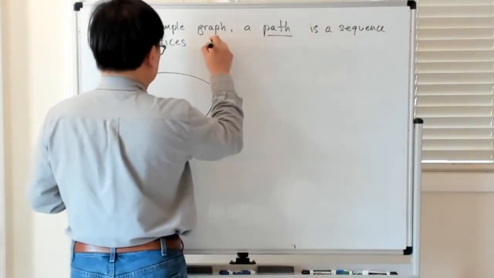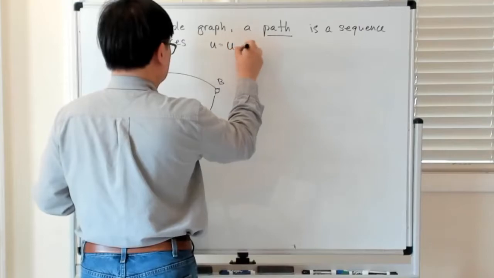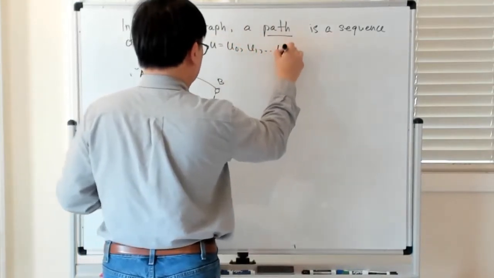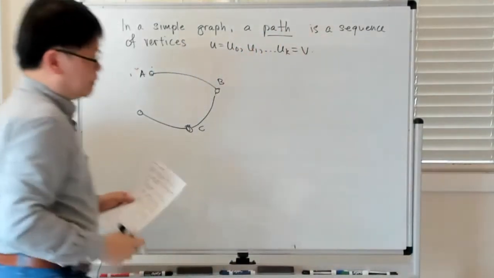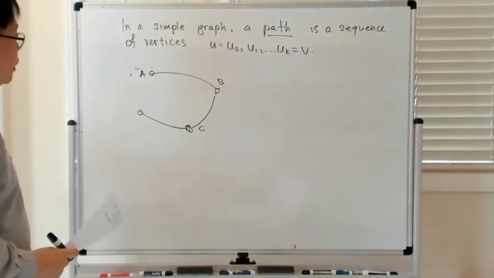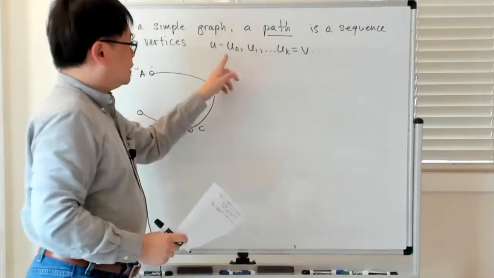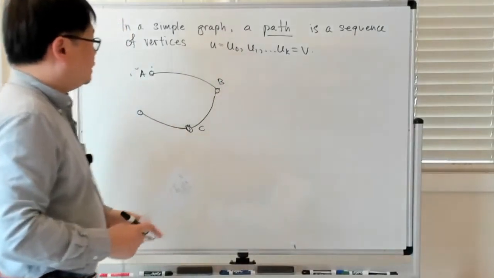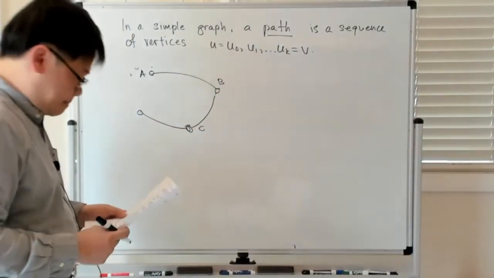Let's say u is u0, and then there's u1 all the way up to uk, and uk is the final vertex v. So we have a path which connects u and v.